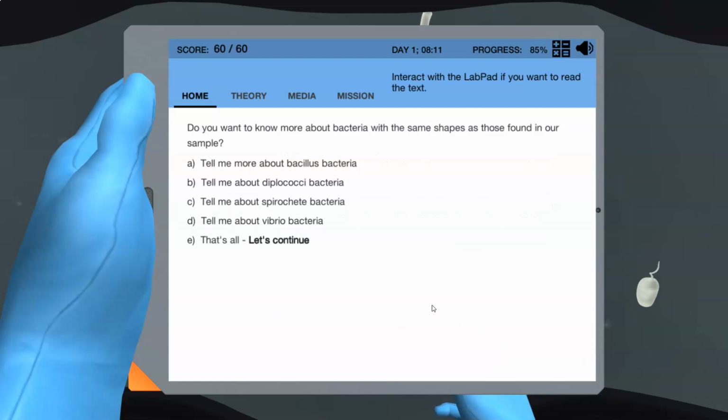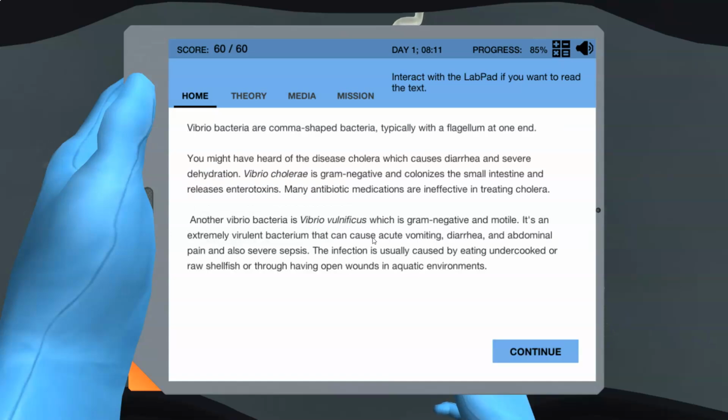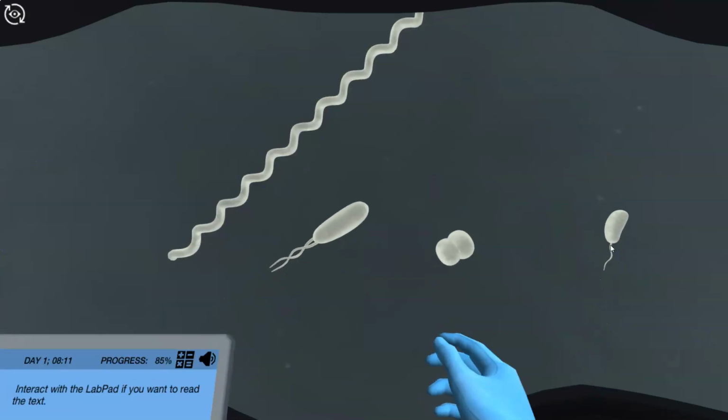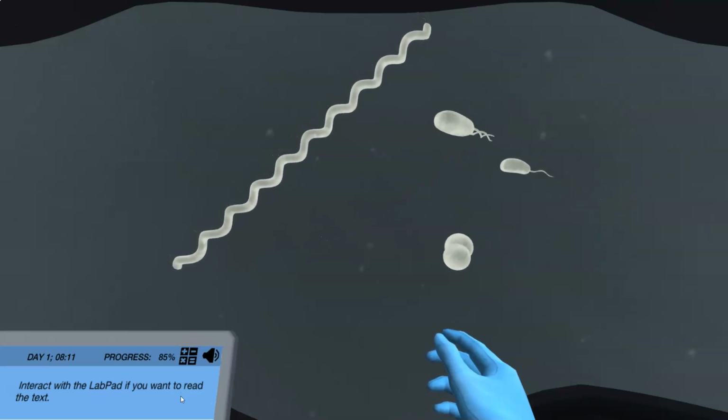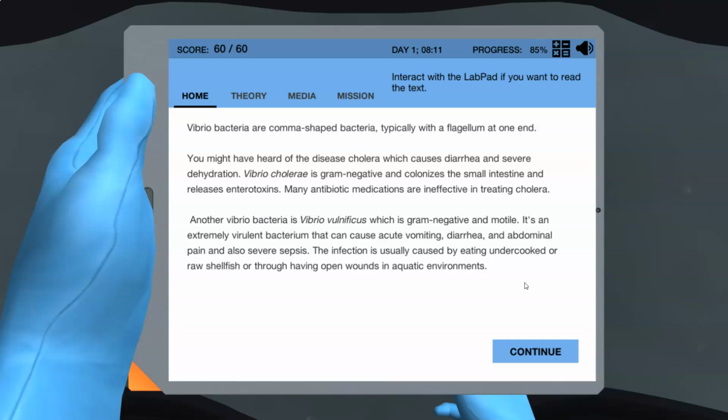Do you want to know more about bacteria with the same shapes as those found in our sample? Vibrio bacteria are comma-shaped bacteria, typically with a flagellum at one end. You might have heard of the disease cholera which causes diarrhea and severe dehydration. Vibrio cholerae is gram-negative and colonizes the small intestine and releases enterotoxins.